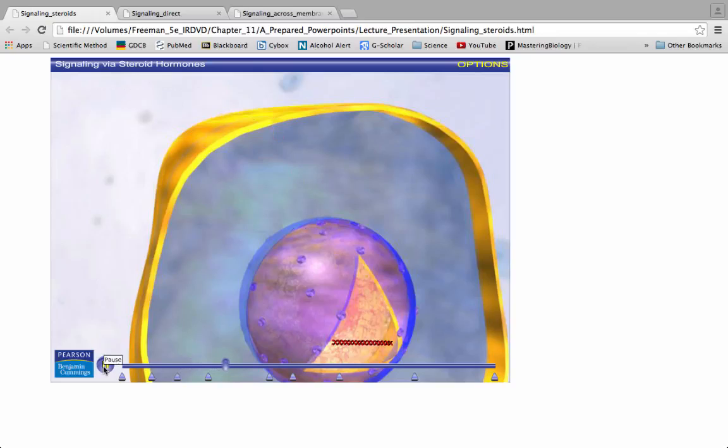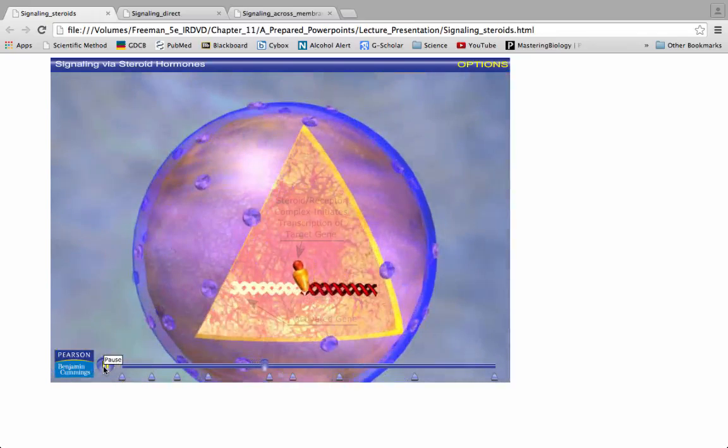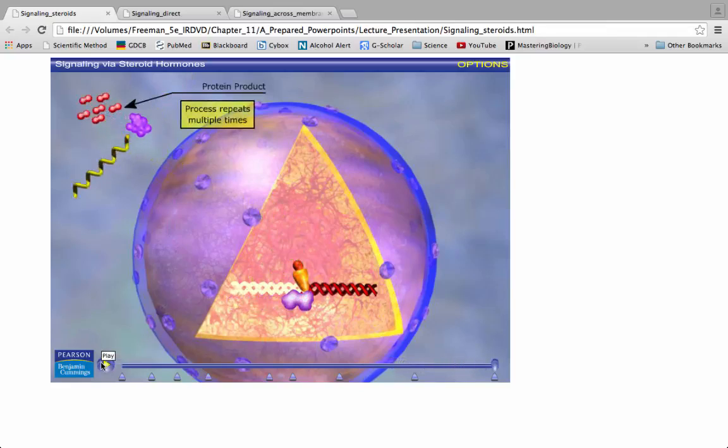It goes through the nuclear pore and can then initiate transcription of the target genes. The activated gene is then transcribed by RNA polymerase. The resulting RNA exits the nucleus through the nuclear pore and is translated into the protein that allows the cell to launch a response to the signal.